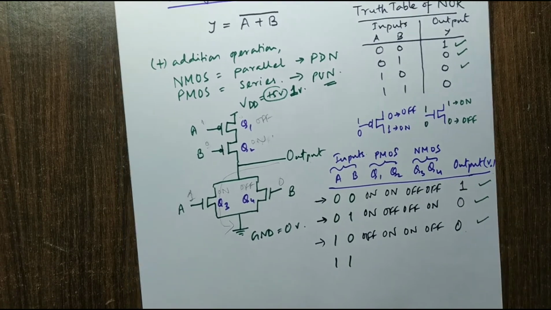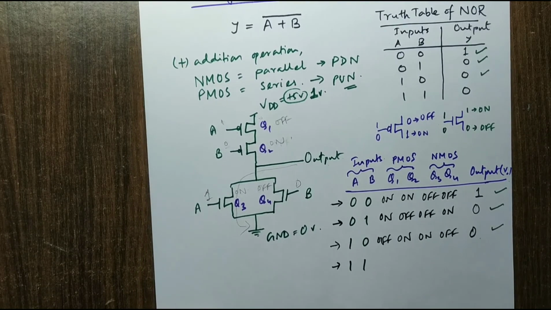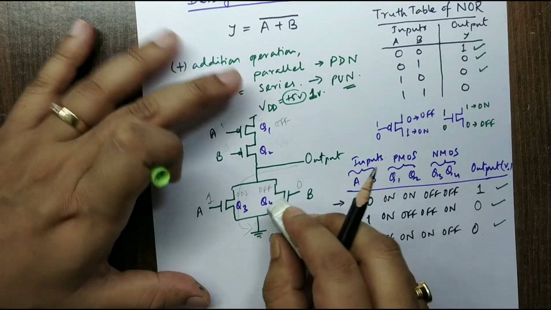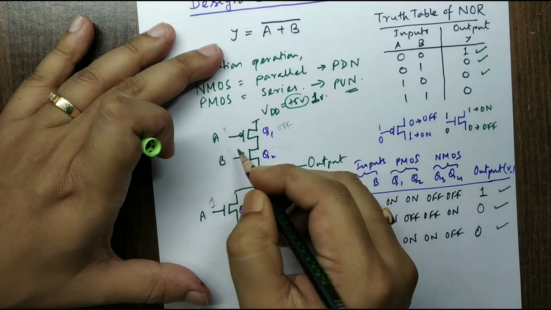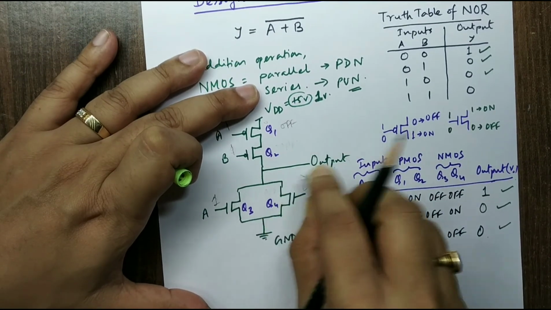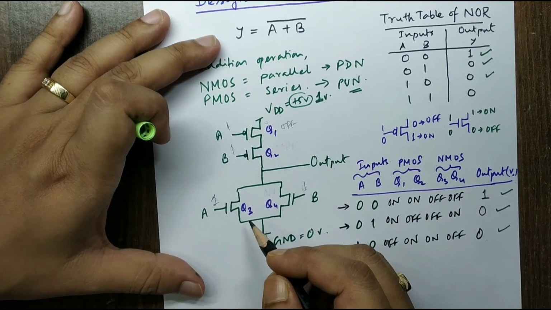So it is matching. Similarly for the last case, if both are 1 1, then what will happen? Please check. Here if I apply both 1, A is 1 and B is 1, what will happen?